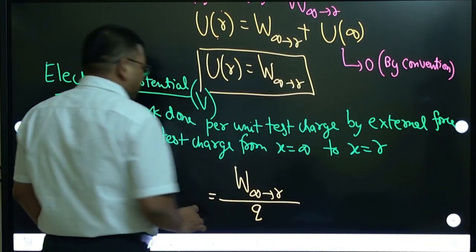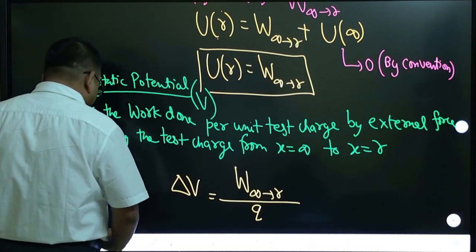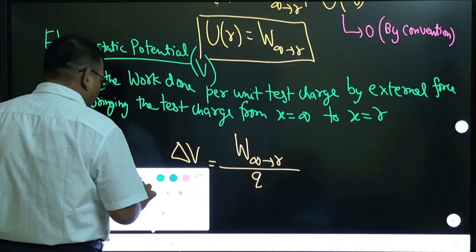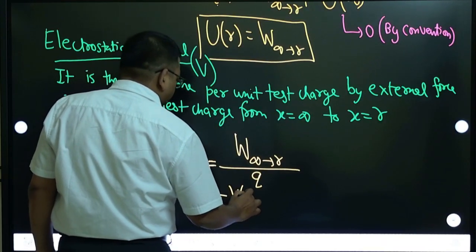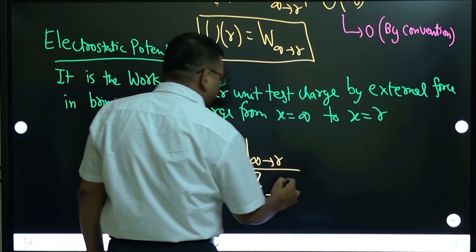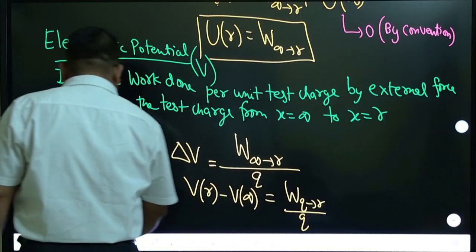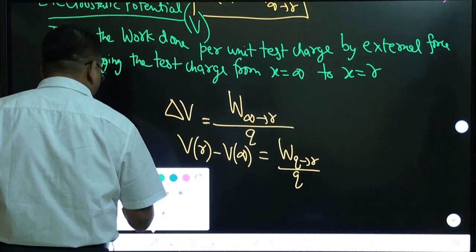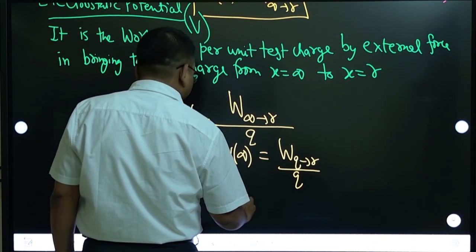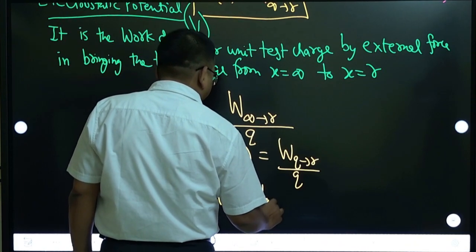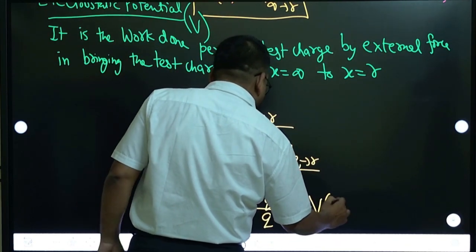This is again not exactly the potential, it is the change of potential: potential at that location minus potential at infinity, because you are bringing from infinity. So the potential at r is equal to the work done from infinity to r by q, plus potential at infinity.